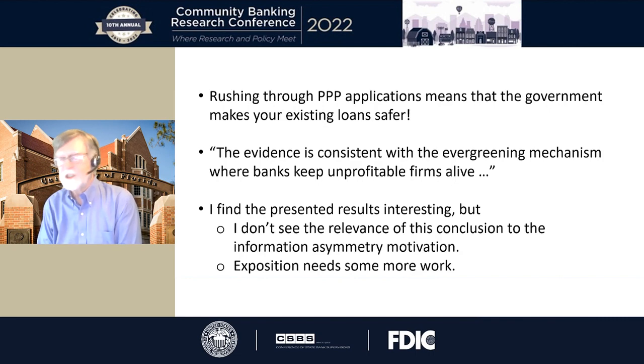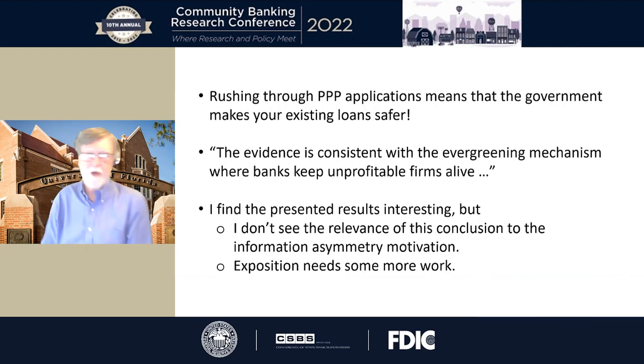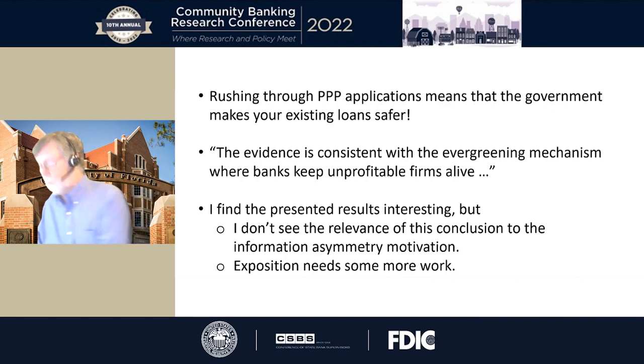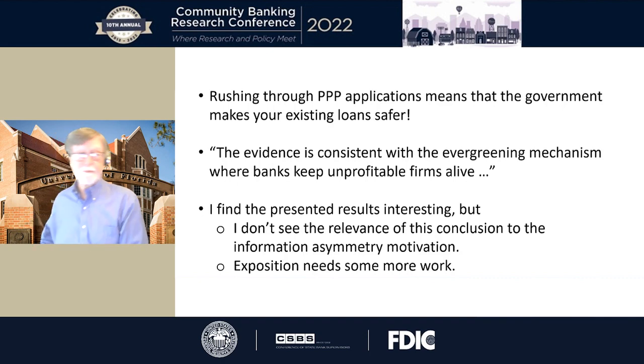What I don't see is a connection between this evergreening type mechanism, the fact that if you've got a troubled loan, you'd be happy to have the government take some of the credit risk for you. I don't see that. And what I think of as the usual story about asymmetric information building up over time and giving rise to some sort of preferential access to firms that have longer relationships. So I think that's an expositional thing, which I urge you to work on, Daniel.